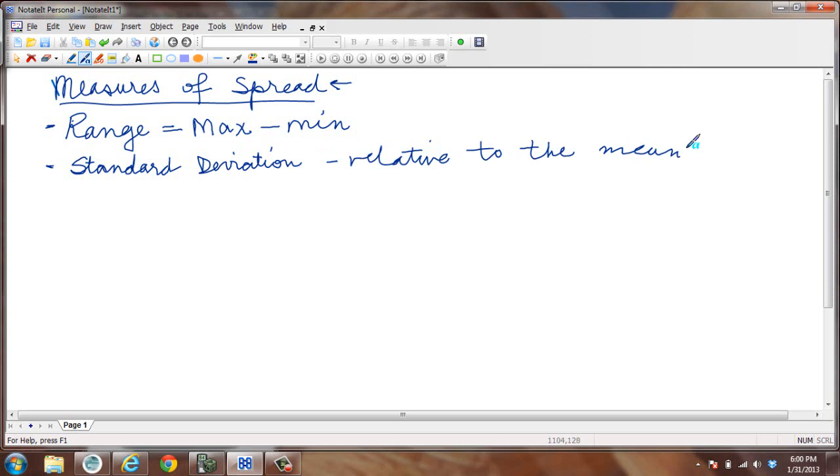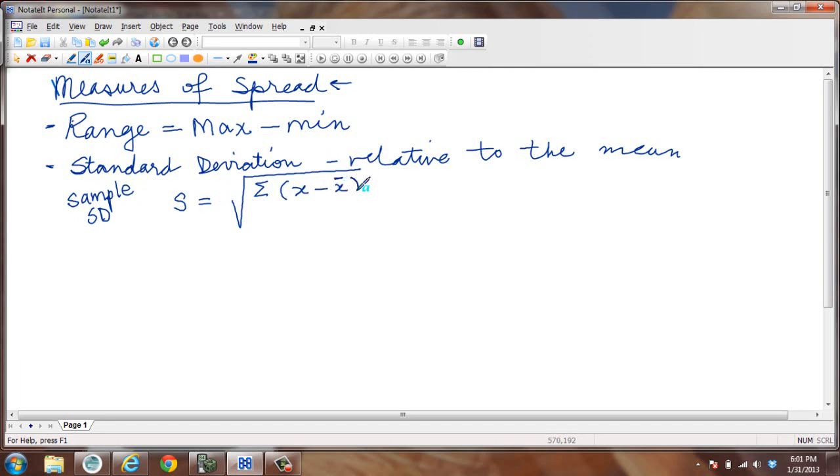Okay? Let me give you the formula for standard deviation in summation notation. We denote sample standard deviation using lowercase s. And sample standard deviation is the square root of the sum of each x value minus the mean.